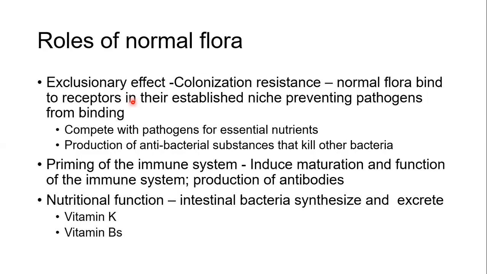At the same time, the normal flora would produce antibacterial substances. As we go to specific microorganisms, we'll mention the specific substances that are produced by bacteria to kill other bacteria. So this is known as colonization resistance: preventing colonization by other bacteria, whether transient bacteria, and transient, we said, are both pathogenic and non-pathogenic.